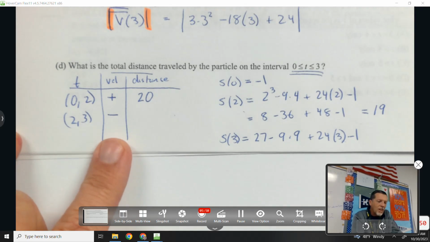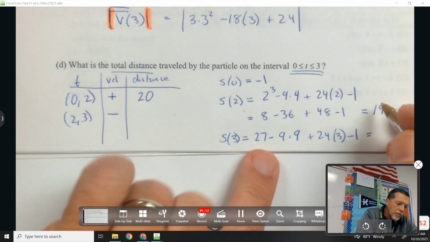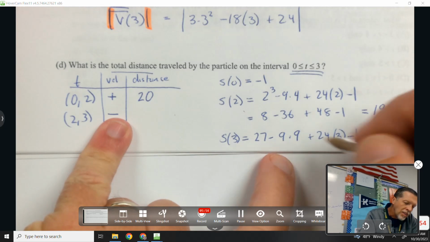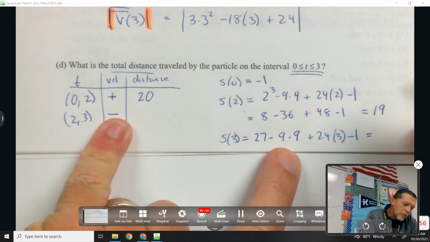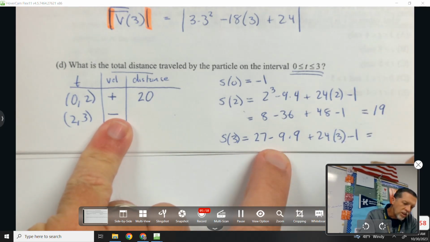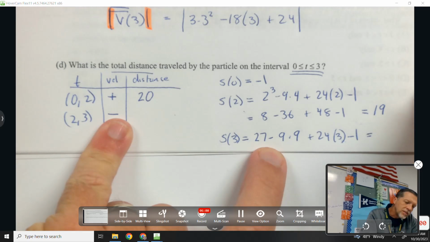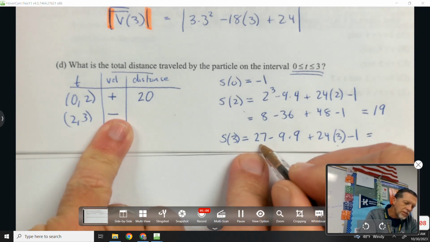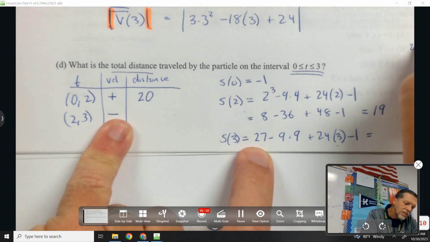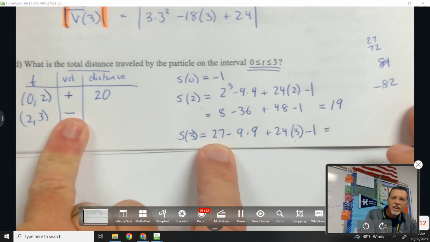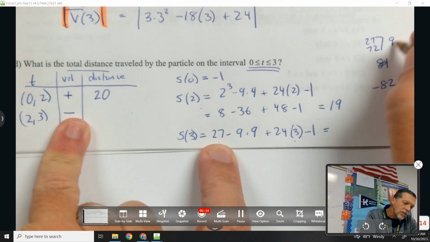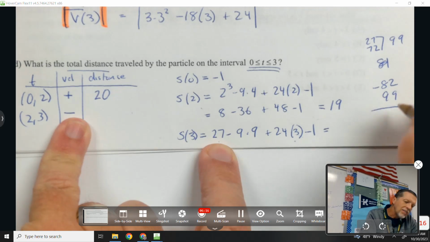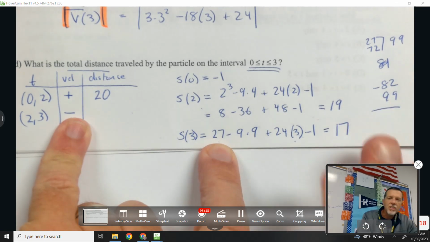So you could shortcut it, or you could just figure it out here. 81 is the negative version. Minus another one, so that's negative 82. 24 times 3 is 72. Plus 27 is 99. So I've got a positive 99 and a negative 82. That makes 17.